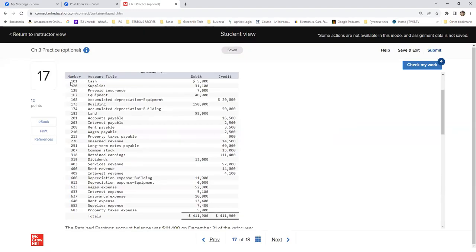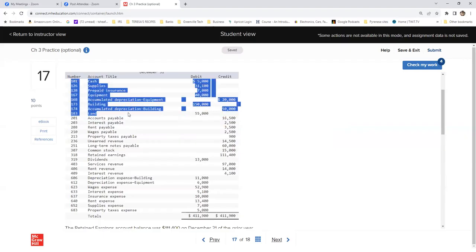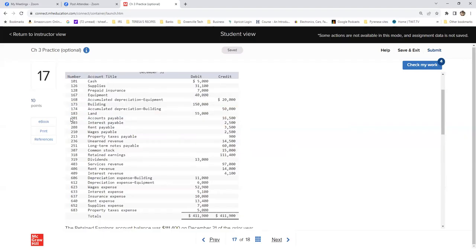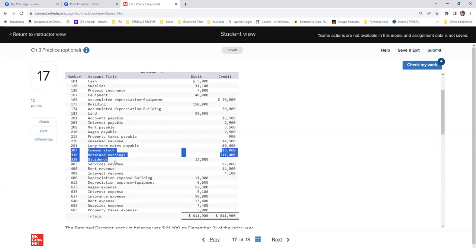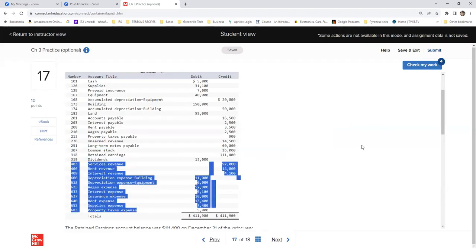Up here, you have your assets, your liabilities, your equity section, and you have your income statement. So I'll leave that for you all to complete. Of course, you can ask me any questions by email you might have on those.